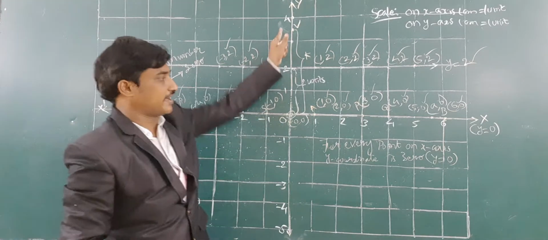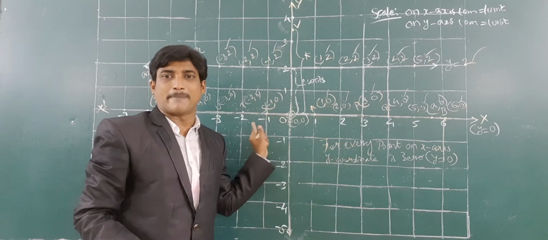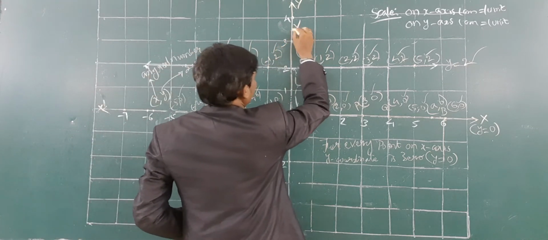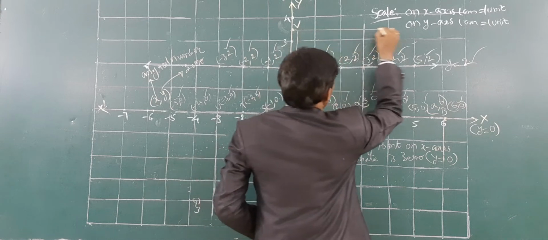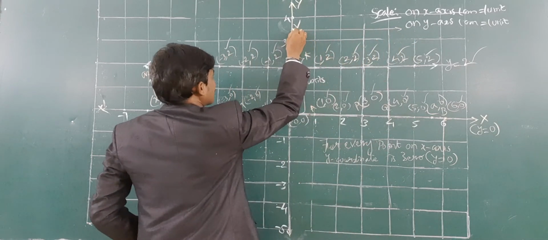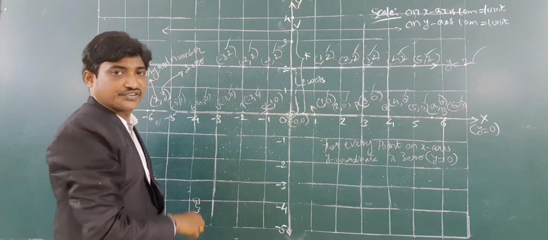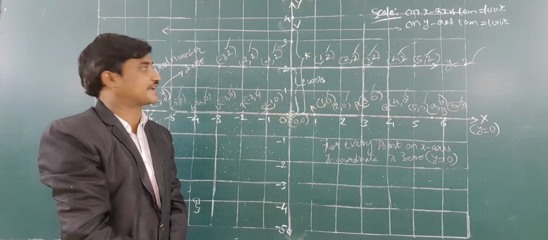Then at V, I am drawing a line parallel to the x-axis, which is at a distance of k units from the x-axis.